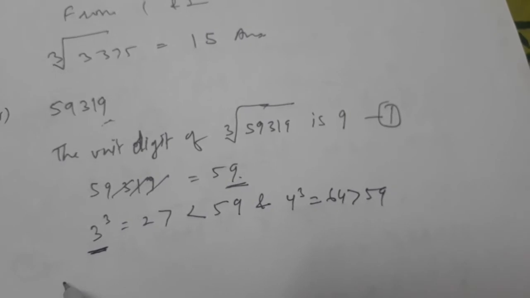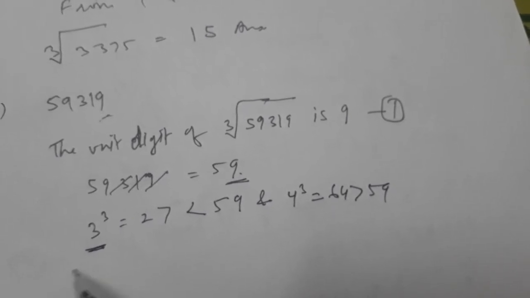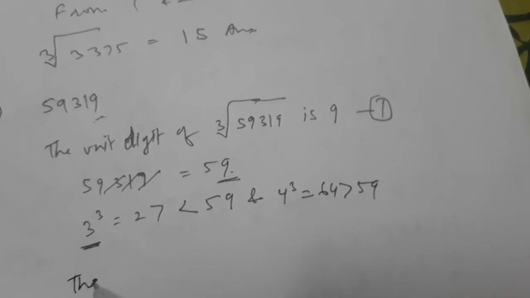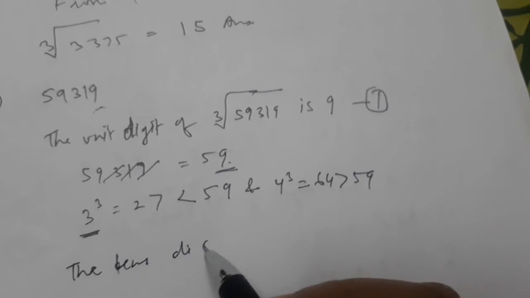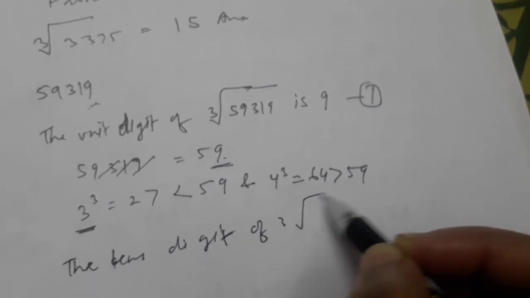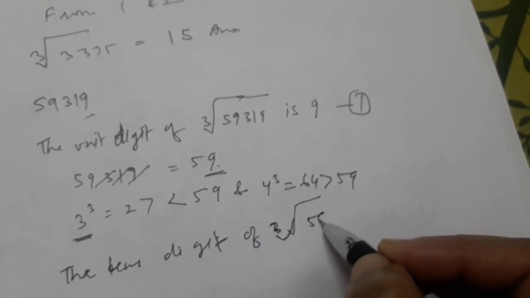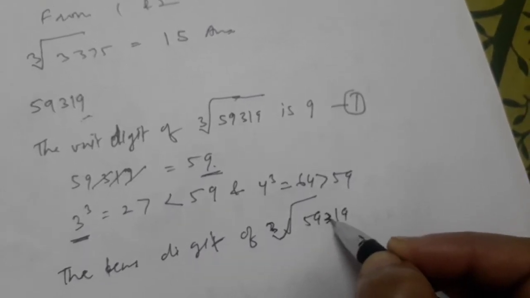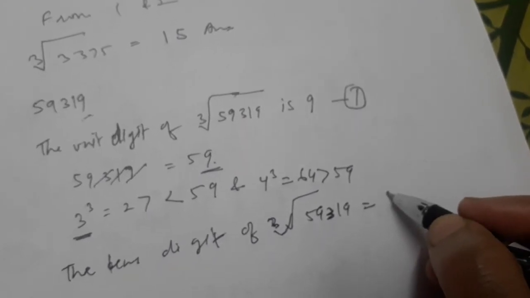So we can say the tens digit of the cube root of 59,319 is 3.